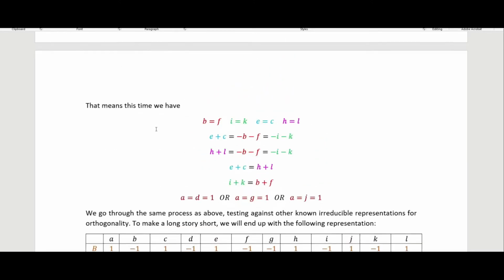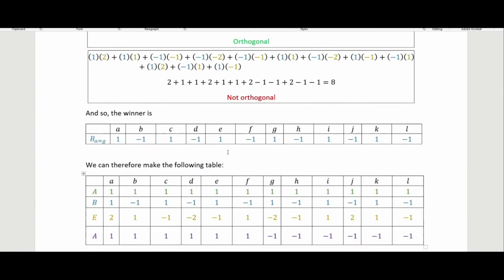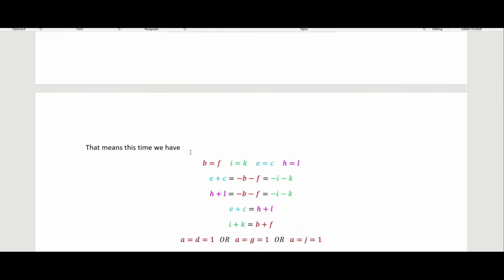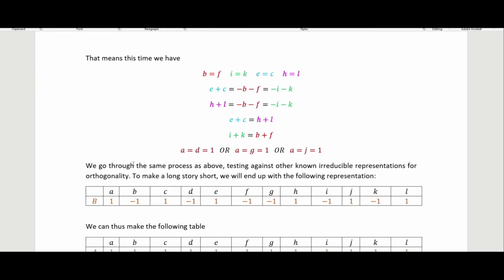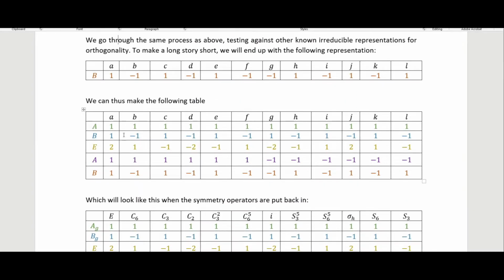And so we would just go through the same process as we did up here, but I'm not going to show that because it's just long, and it's basically the same thing. And so we will end up with a representation that looks like this. So this B here in the brown, and we can make the following table out of it.